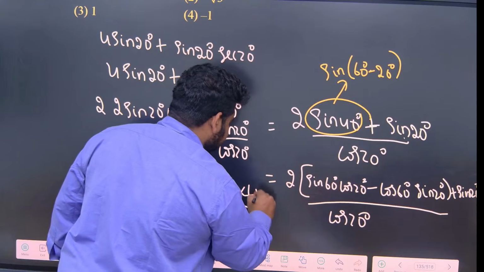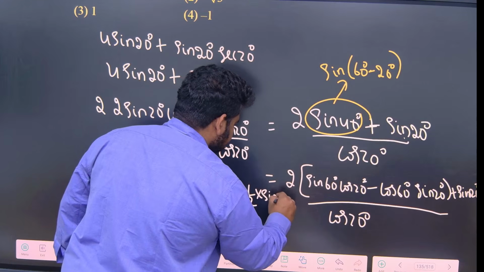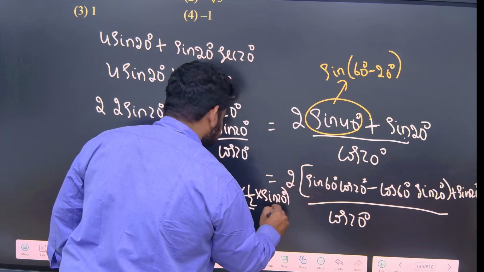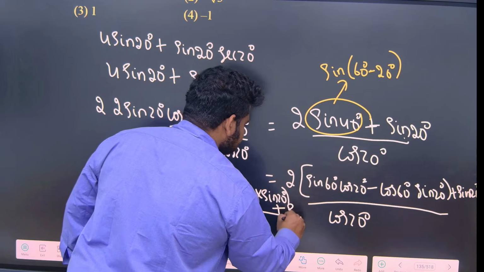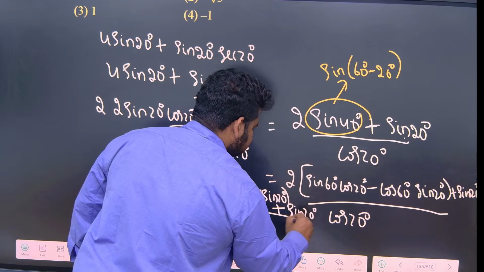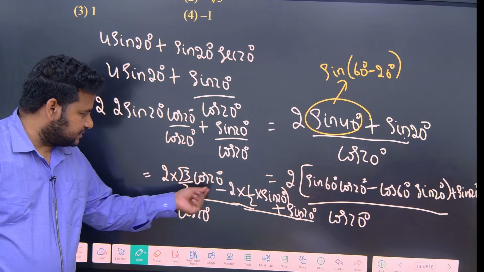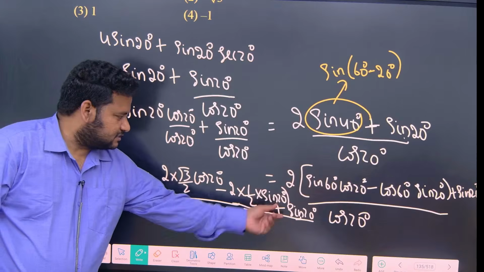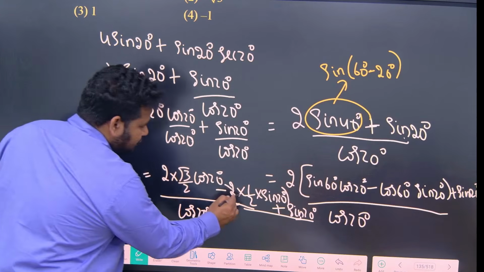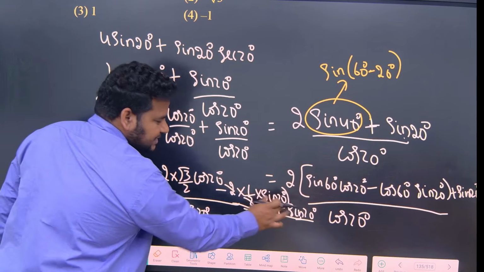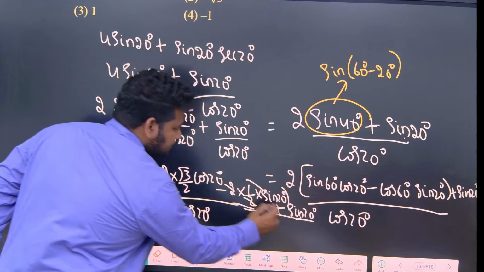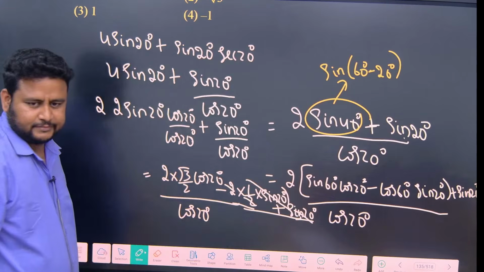Sin 20 keep it as it is, plus sin 20. Understood? So 2 into root 3 by 2 cos 20, minus 2 into 1 by 2 sin 20, plus sin 20. Now observe carefully. 2 and 2 cancel. Minus sin 20 plus sin 20 cancel. Clear? How I cancelled?